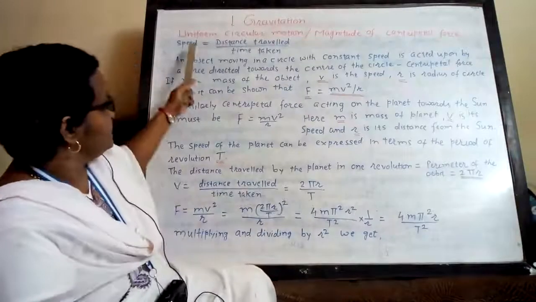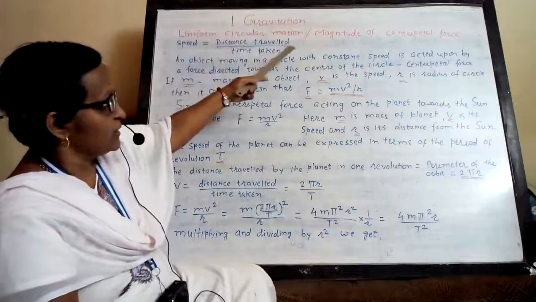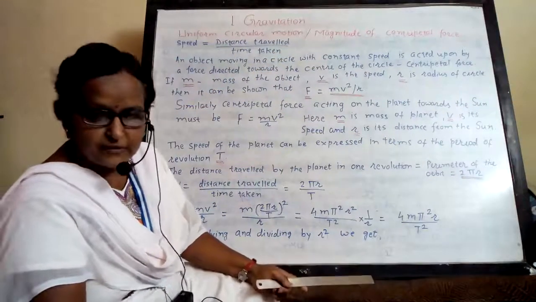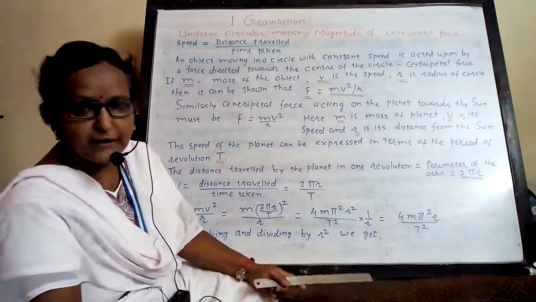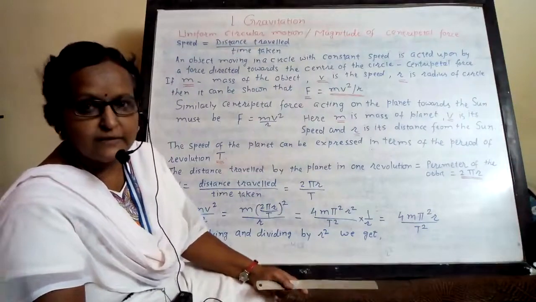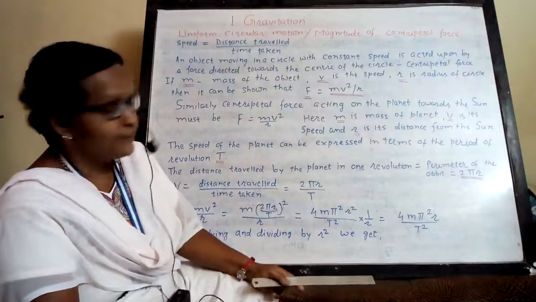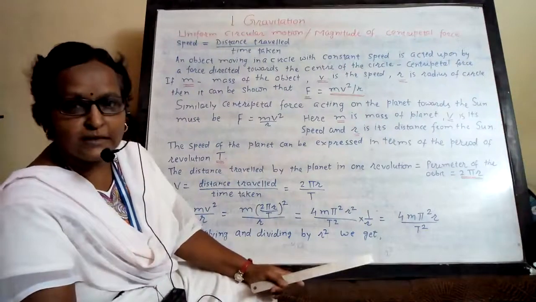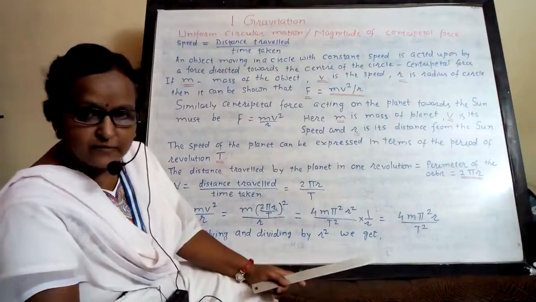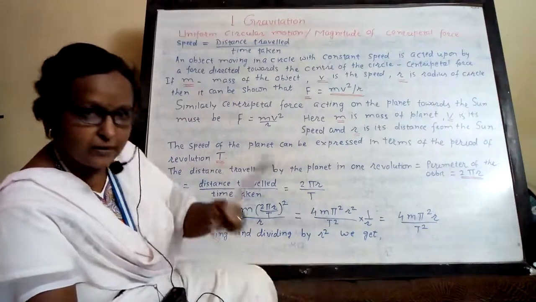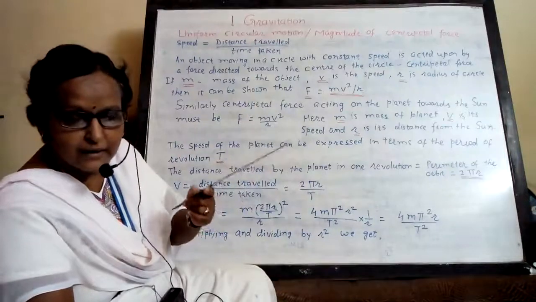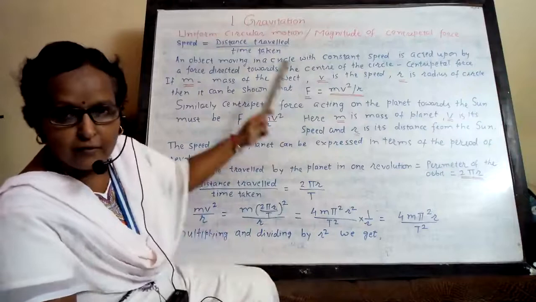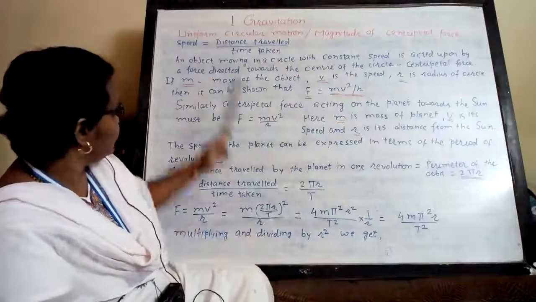Now the next point is uniform circular motion, or the magnitude of centripetal force. Yesterday we saw what centripetal force is, the center-seeking force. Whenever an object is moving in uniform circular motion, that object is acted upon by the centripetal force.